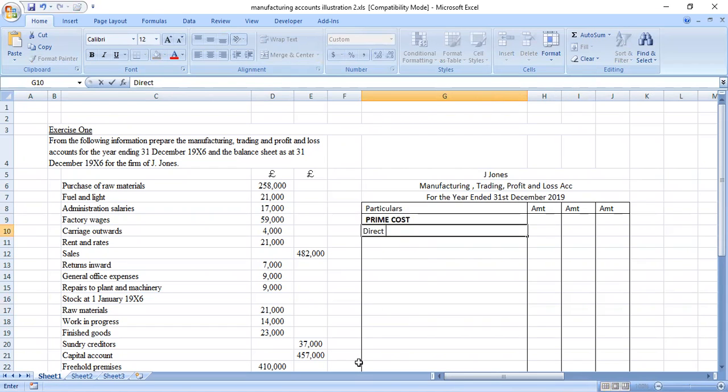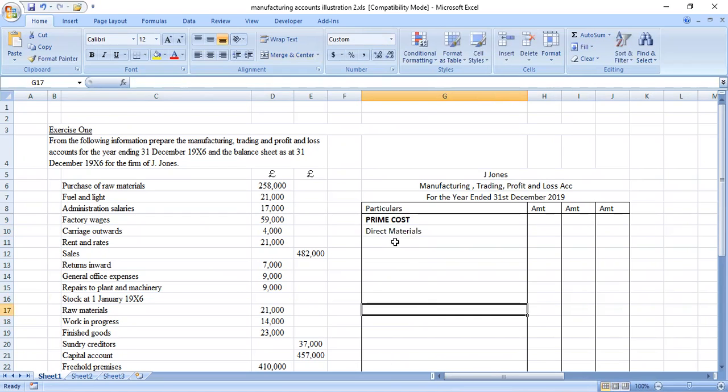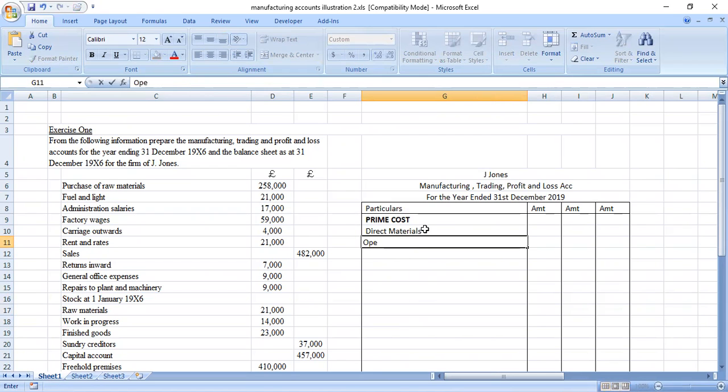So how do we determine the cost of direct materials? The cost of direct materials is equal to the opening stock of raw materials plus purchases of raw materials.